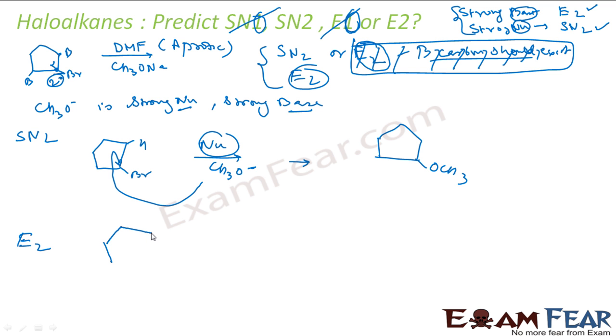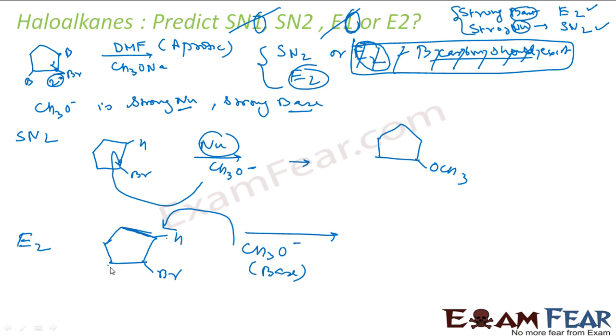Let's talk about the E2 reaction, how it will happen. Same compound. Here we have Br and here we have H, all single bonds. Now this is CH3O minus. As I told, in E2 this will act as a base. The same species acts as the nucleophile. Since it acts as a base, it will take a beta hydrogen, either this or this.